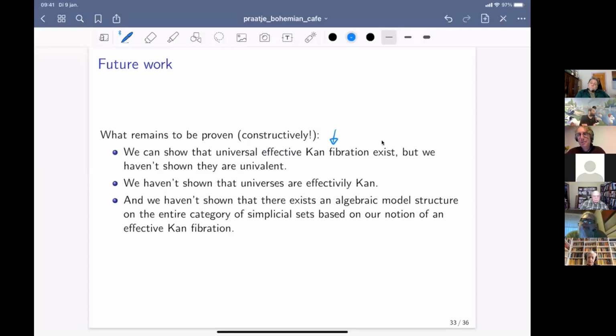So you mean that Bezem and Coquand simply showed that if you define Kan fibration as usual without naturality, then this is not closed under exponents. Okay, now that answers it quite clearly. I see. Yeah. Thanks.